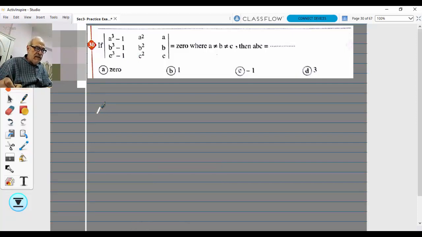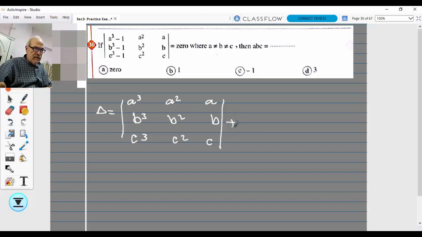So delta equals, the first determinant will be A power 3, A square and A. Second row, B power 3, B square and B. C power 3, C square and C. Plus, using the properties, here it is negative 1.